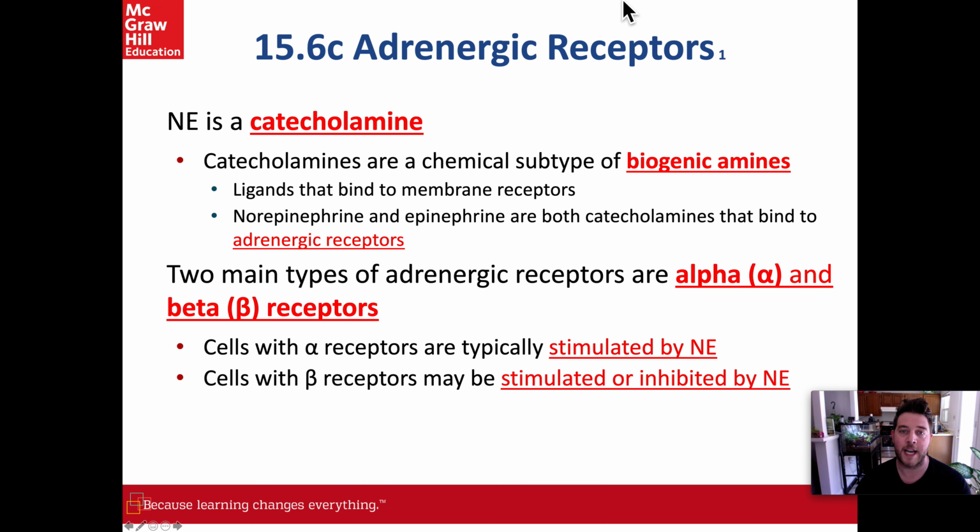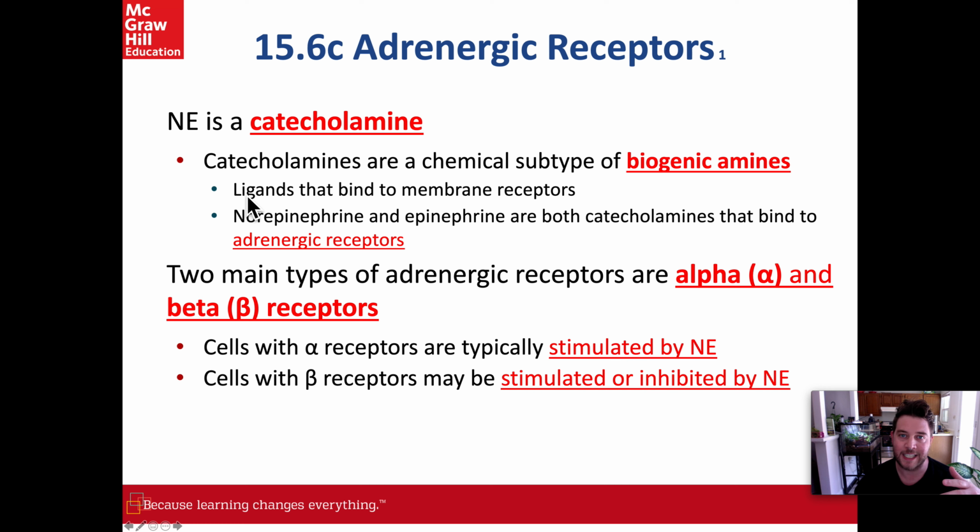Okay, adrenergic receptors. Norepinephrine, and when we say norepinephrine, you can also put in epinephrine. They are very, very similar. Norepinephrine has a little bit stronger effect on blood vessels, epinephrine more so on your heart, but they interact and act the same way. So norepinephrine is a catecholamine. Catecholamines are a specific subtype of biogenic amines that will bind to membrane receptors.